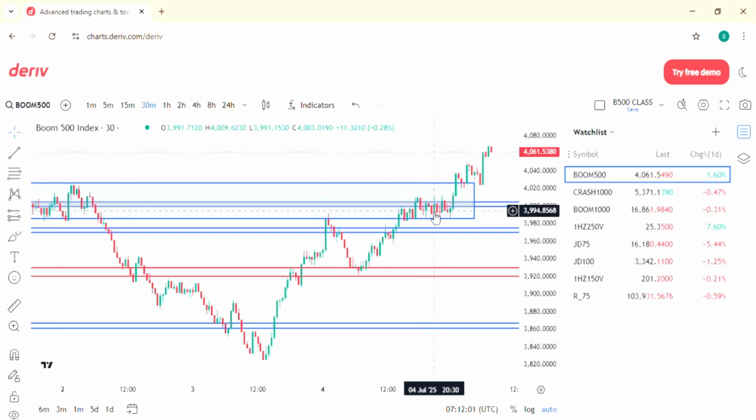Watch this consolidation, because this is actually a fight between the buyers and the sellers. Whoever wins the case, the price continues to go in that direction. So when the price was ready to move, it gave you a pin bar. If you have not watched that video on 7 price action secrets, that's the last video I dropped before this class on my channel.